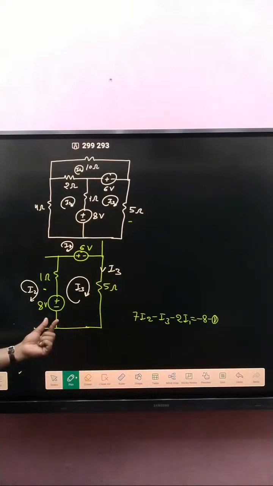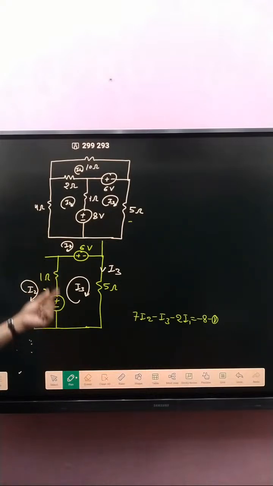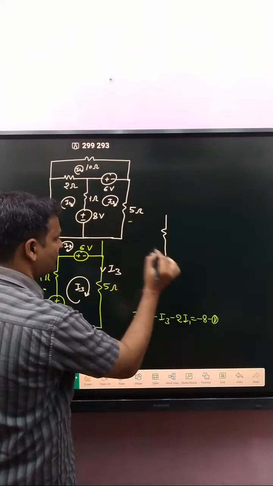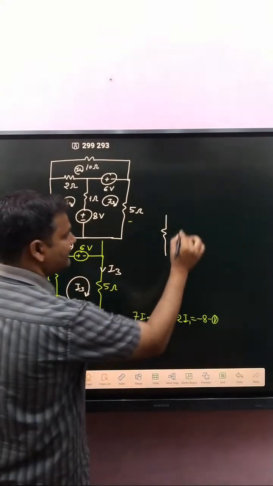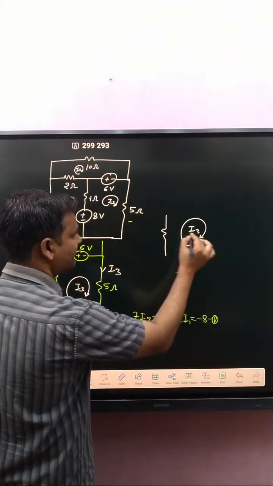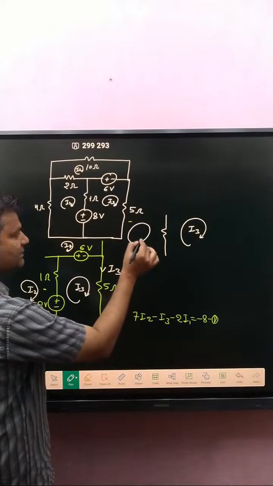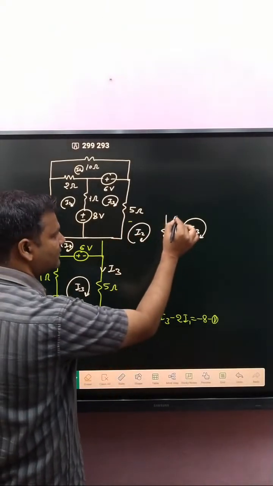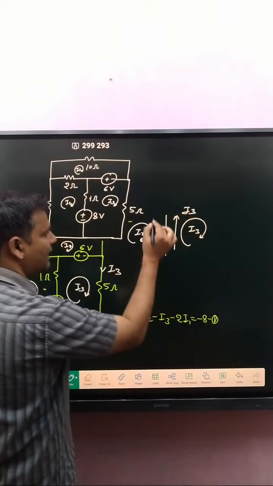What about branch current in this branch? If anyone forgot, then go to the basics. I3 direction like that one, I2 direction like that one.